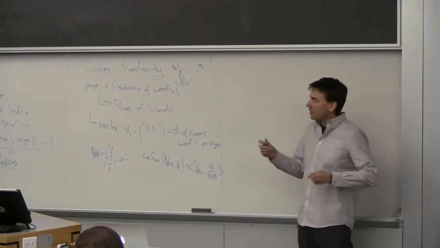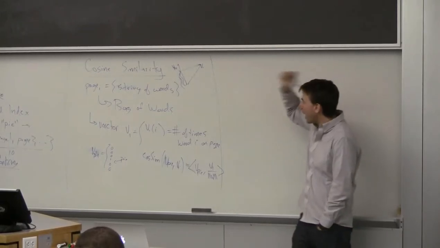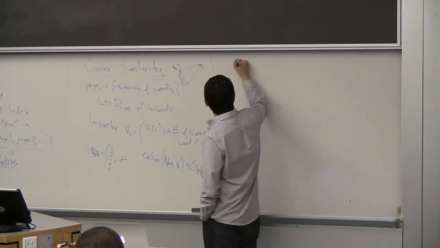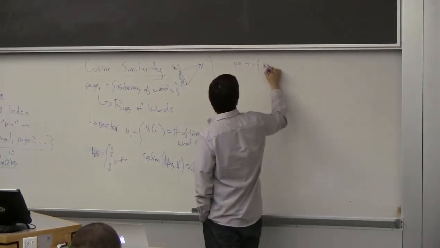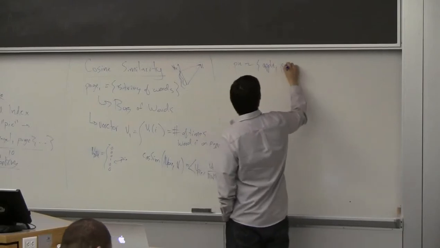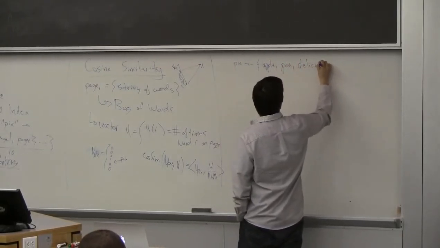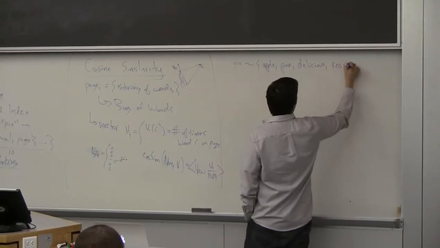And maybe I kind of know that a lot of the pages that have the word pi in them also have other words. So pi is related to other words like apple, pan, like delicious, like recipe.